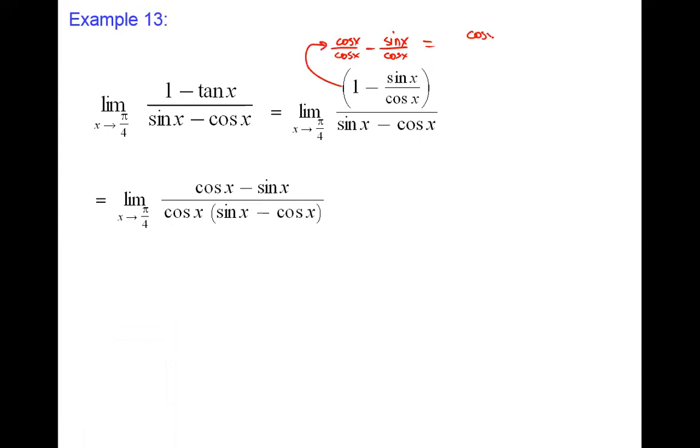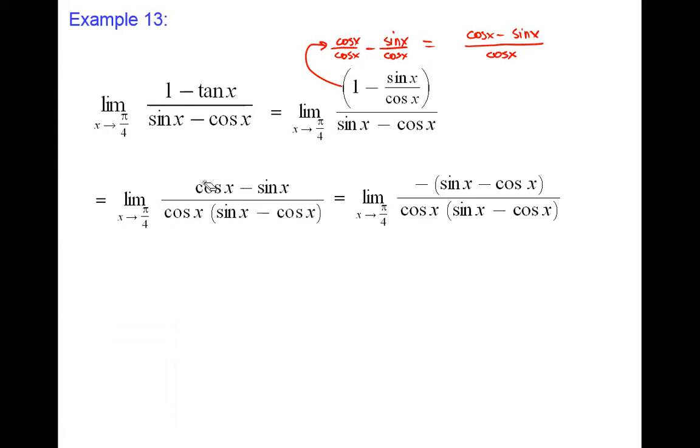And then cosine of x minus sine of x, I can rewrite on the common fraction bar. And we can see cosine of x minus sine of x over cosine of x, and copy the original denominator. Great. Now I see almost the same factor, sine x minus cosine x and cosine minus sine. I switch the order and pull out the negative in front.